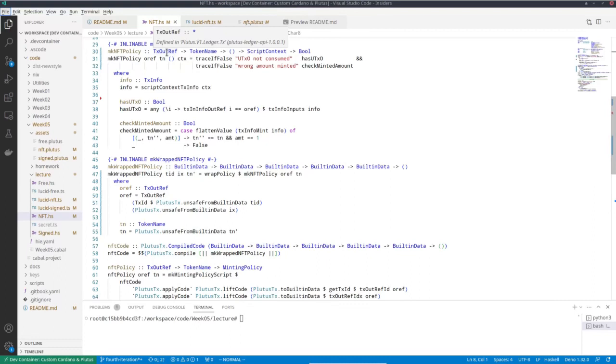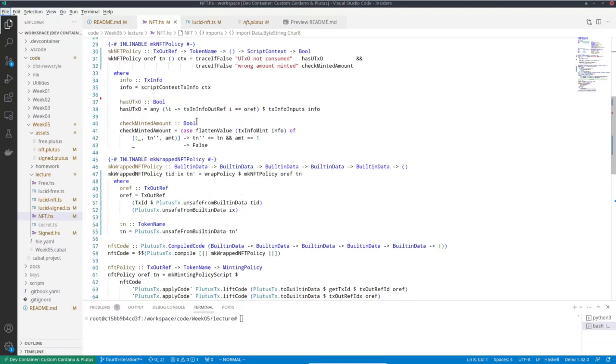So recall a UTXO is given by the transaction that produced it, the transaction ID, and then the index of the output in that transaction. So of these 3 parameters, the third one is the token name, the first one is basically the transaction hash, and the second one is the index of the output. It's easier to work with that in Lucid if I split it into 2 separate parameters.